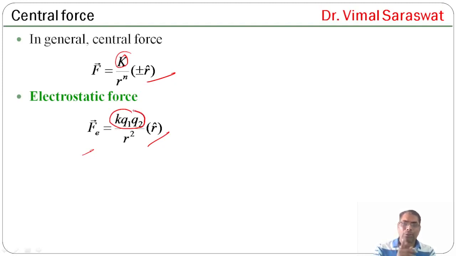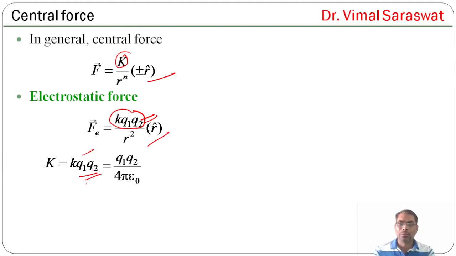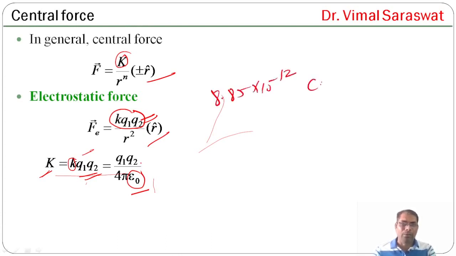So in electrostatic force, our capital K is actually k q1 q2, where k is 1 upon 4 pi epsilon naught. So capital K equal to q1 q2 upon 4 pi epsilon naught, and this epsilon naught is the permittivity of free space, and its value is 8.85 into 10 raised to power minus 12 Coulomb square per Newton meter square.